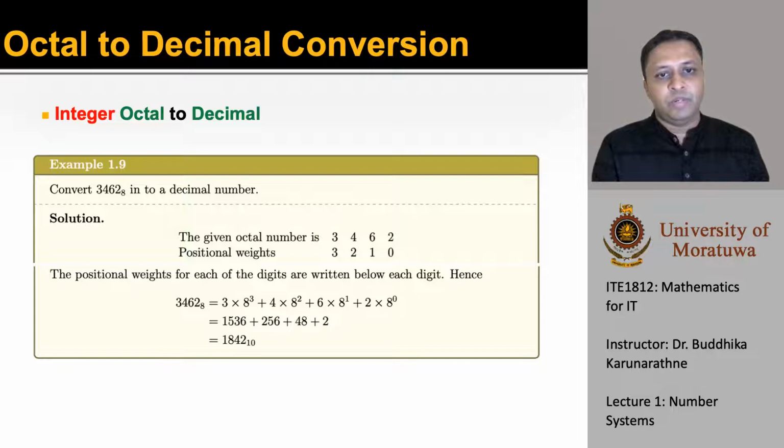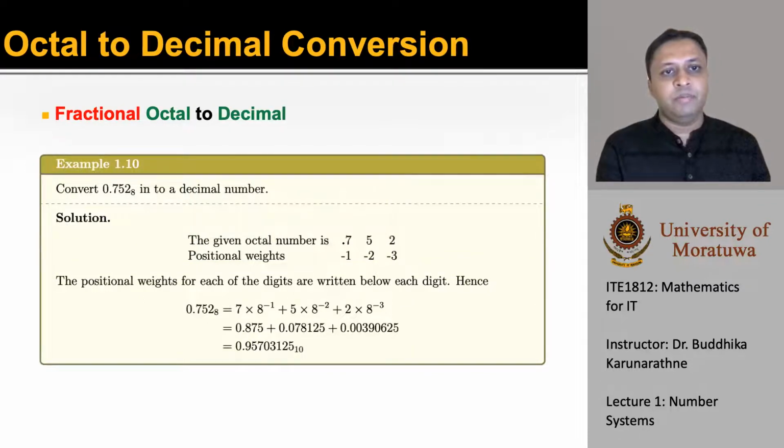So how do we arrive at the decimal number? We write 3 should be multiplied by 8 to the power 3, 4 multiplied by 8 to the power 2, 6 multiplied by 8 to the power 1, and 2 multiplied by 8 to the power 0. And you get all the numbers, add them up, and you will arrive at 1842. So this is how you convert an integer octal to decimal.